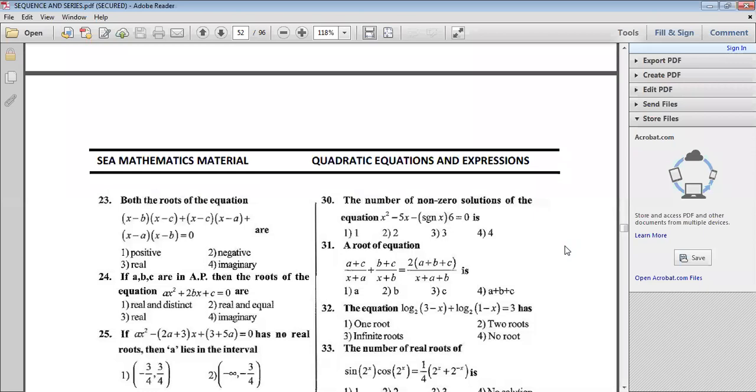The number of non-zero solutions of the equation x squared minus 5x minus sgn x of 6 is equal to 0. x square minus 5x minus sgn x of 6 equal to 0.